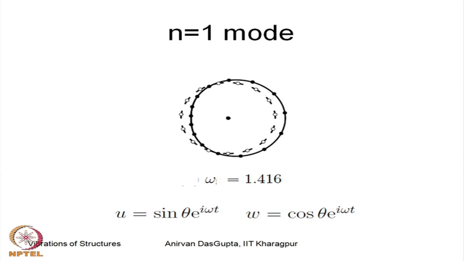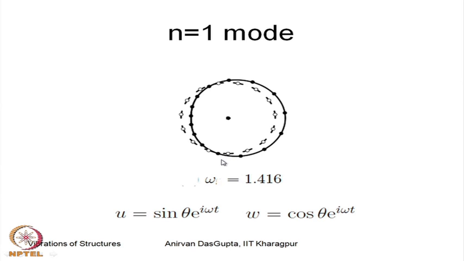Now, let us have a look at this mode. So, this shows the mode. Because of some aspect ratio problem, it might seem a little like an ellipse, but actually this dashed one is a circle, which is the undeformed position of the ring.